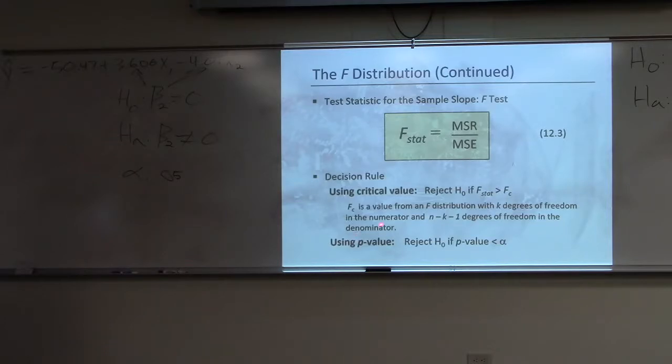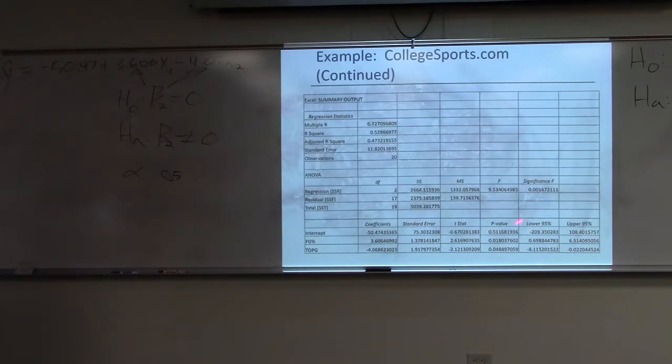No problem. In the Excel printout, where does it say what the confidence level is? For the F stat or for these? When you said that using the p-value reject, p-value greater or less than.